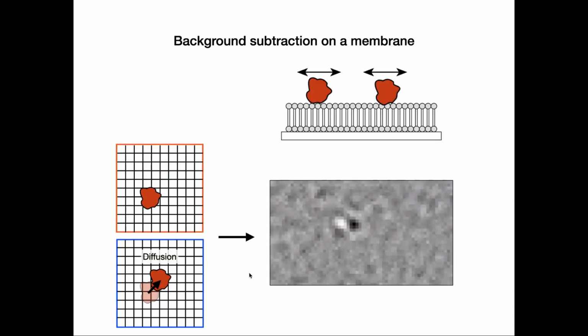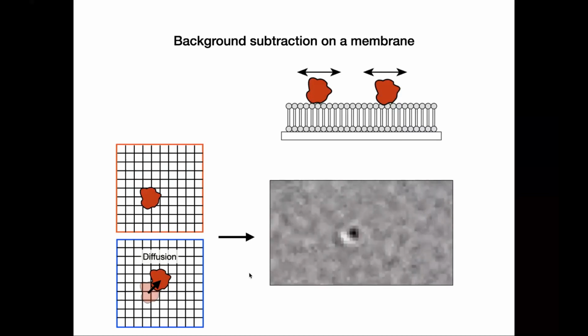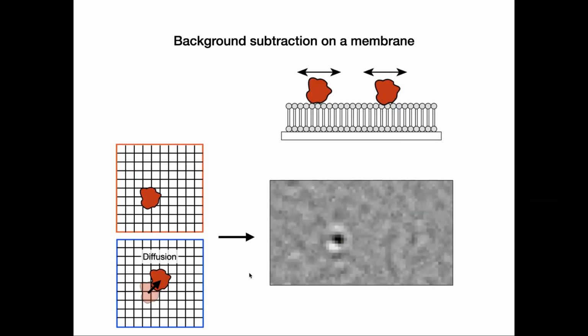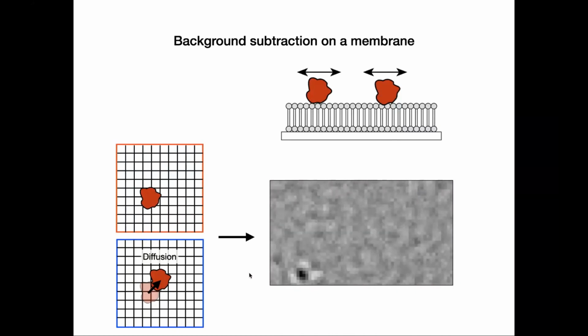And this causes the moving particles to appear as dark spots carrying bright tails in the differential videos.